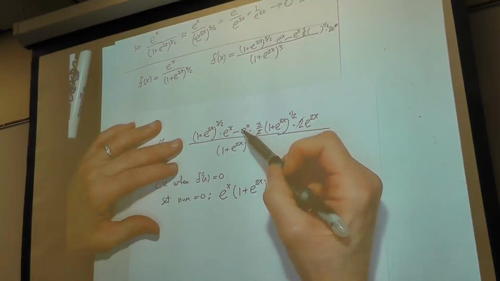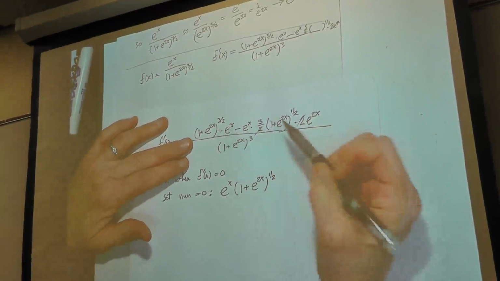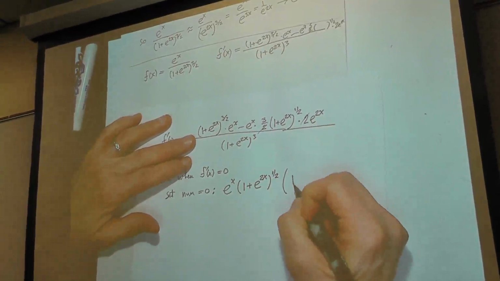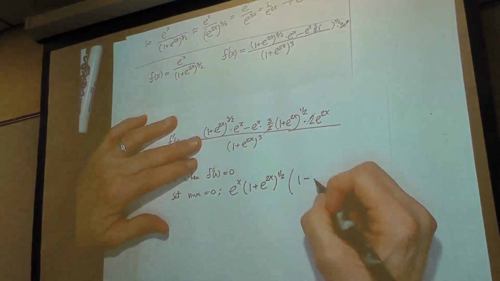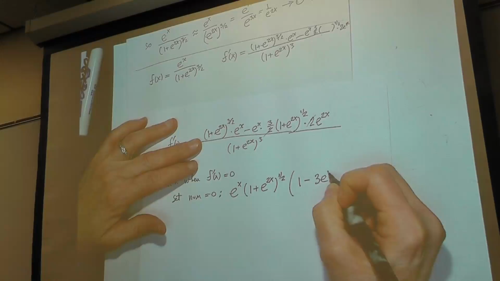So that's going to leave me with 1 minus 3e to the 3x.